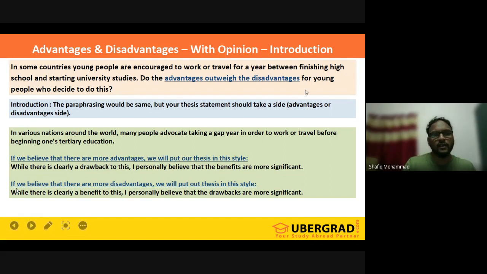If you believe that there are more disadvantages, obviously you're going to write in the thesis statement the same thing: while there is clearly a benefit to this, I personally believe that there are more drawbacks to this topic. You can say that, or you can also write, in my opinion, even though there are some advantages, I personally believe that there are many drawbacks, if you are supporting drawbacks.